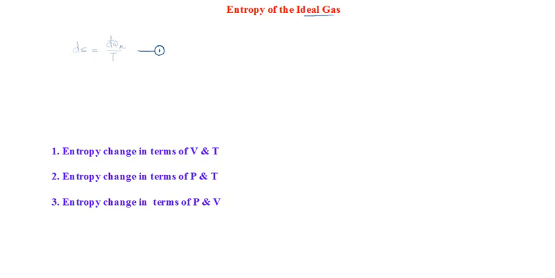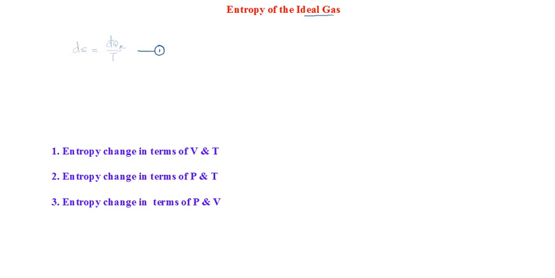So dS is equal to d̄qr by T for an infinitesimal change, but for a finite process, the T in the denominator will be variable, and you will have to perform an integration to obtain the total change in entropy.